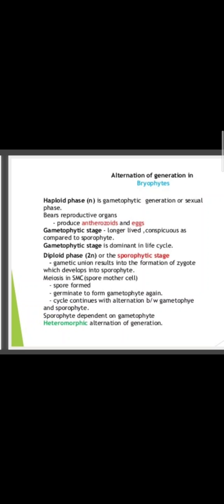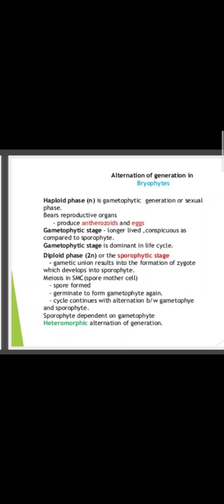As you are using the term sexual phase, it includes the reproductive organs, antherozoids and egg. Now, the other part is the diploid phase, which is the sporophytic phase. It means the gametic union results in the formation of a single zygote which develops into sporophyte.